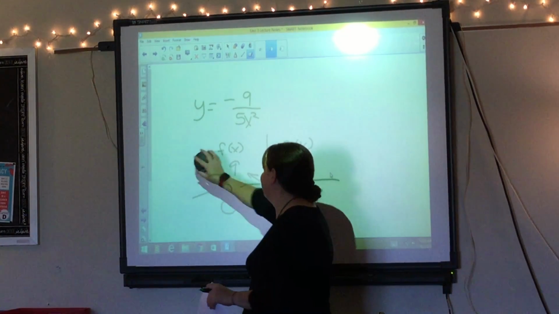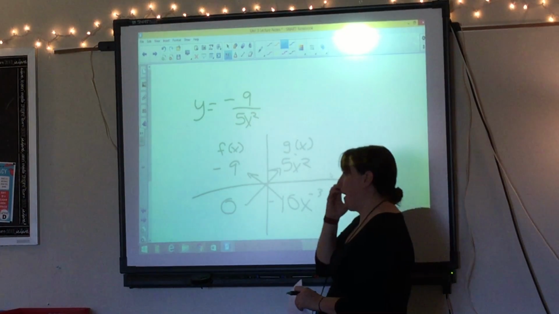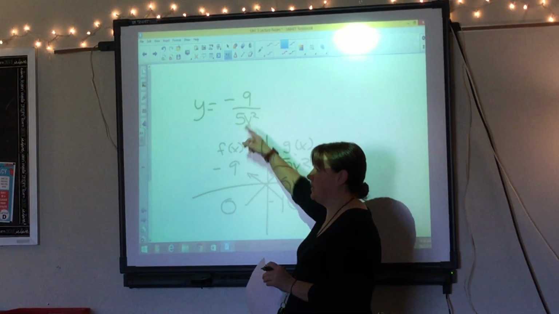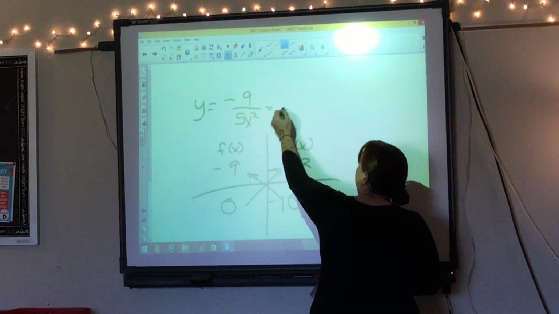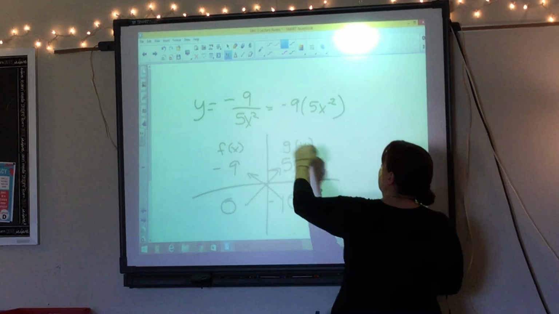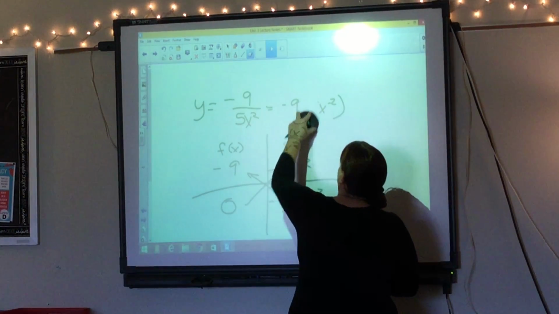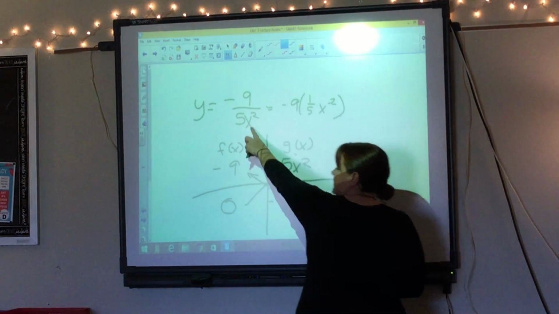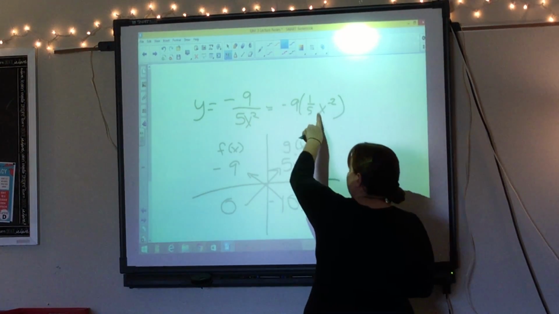Okay. So what's the answer on this one? Well, this is a constant times a function. This is really negative 9 times 1/5 x to the negative 2.